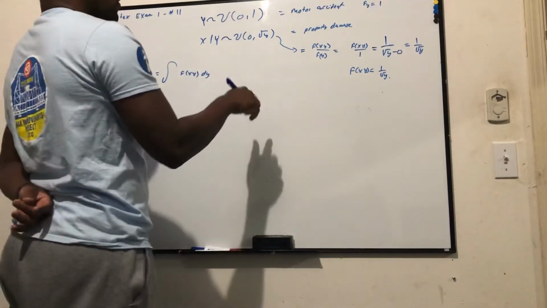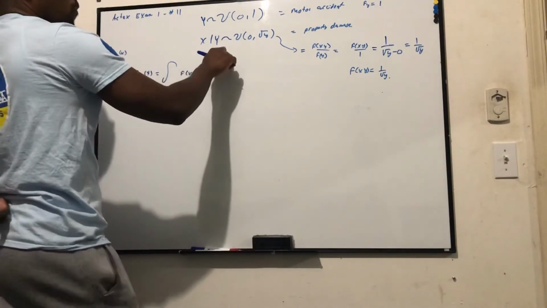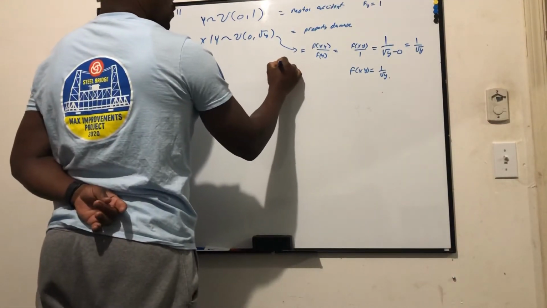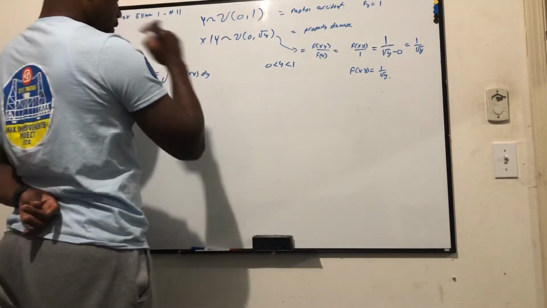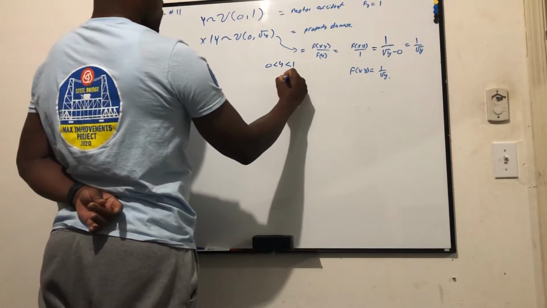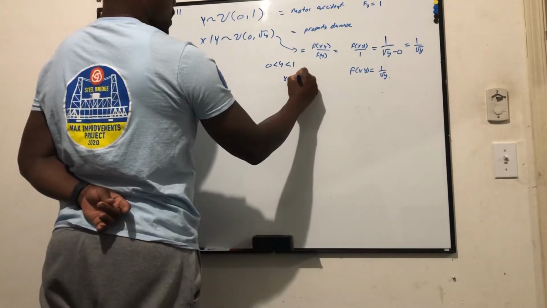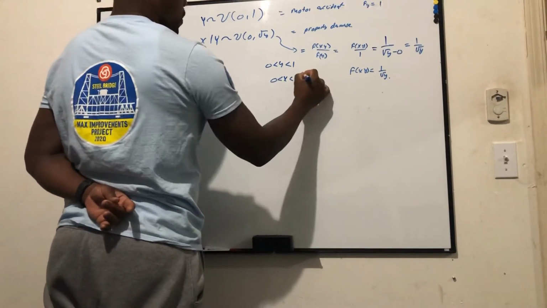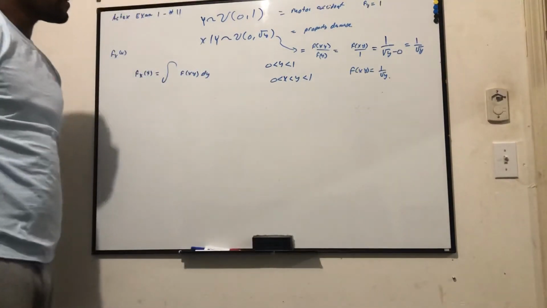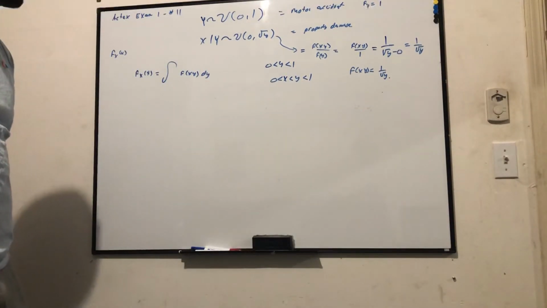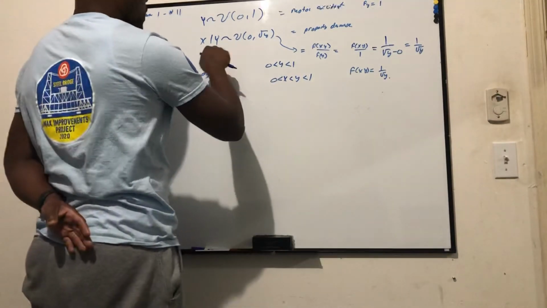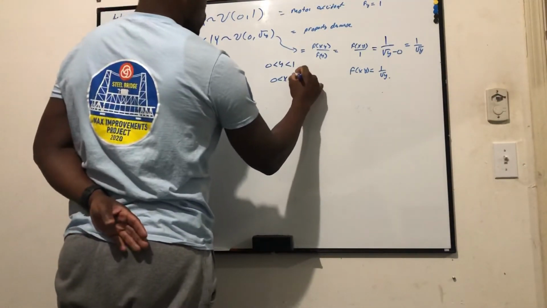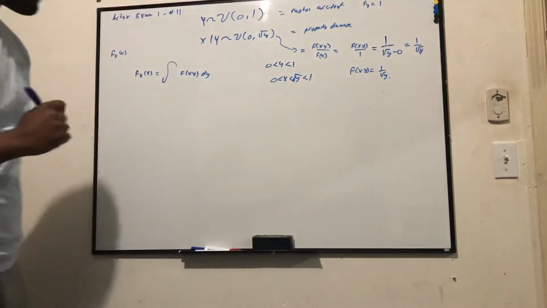Now, remember, y is between 0 and 1, and x is greater than 0 and less than the square root of y. Well, actually, I'm sorry, that should be the square root of y.